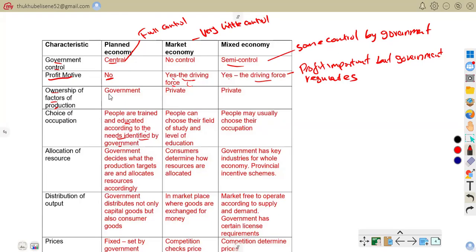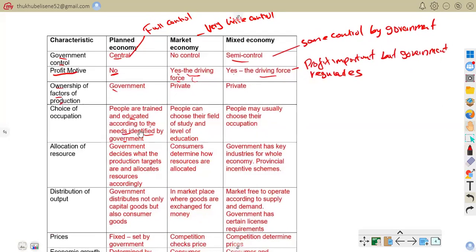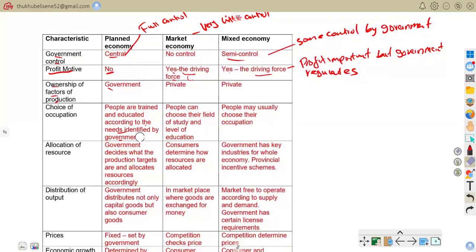We are supposed to say here that the ownership is by government. Like I've said, it means that the government owns land, factories, and so on.